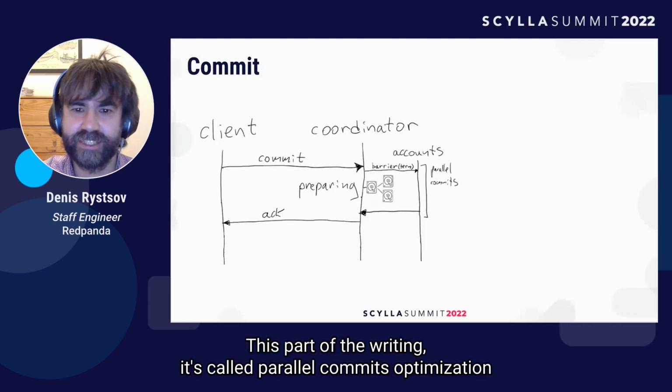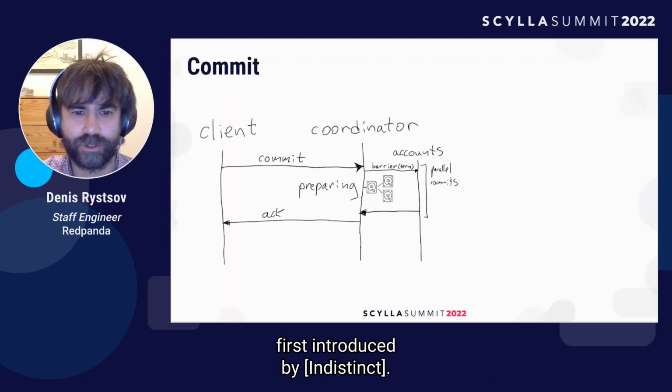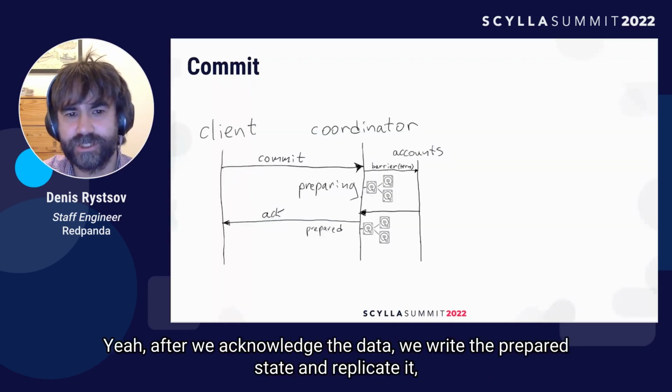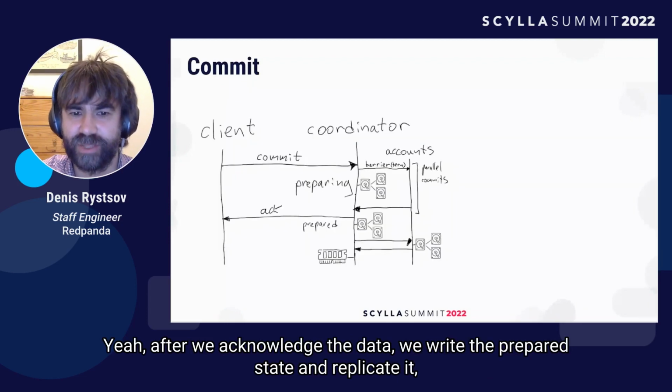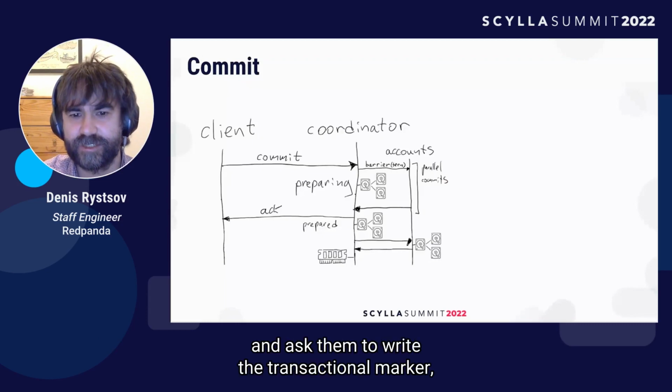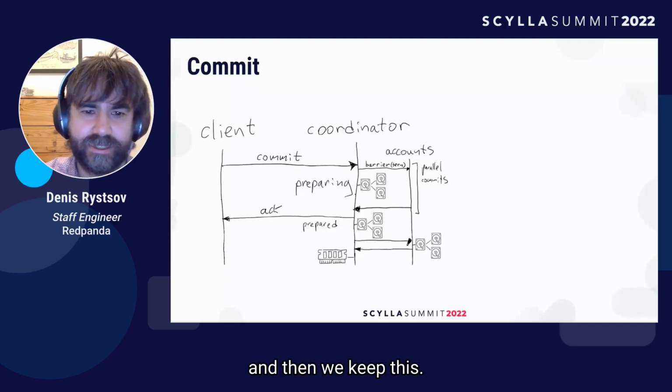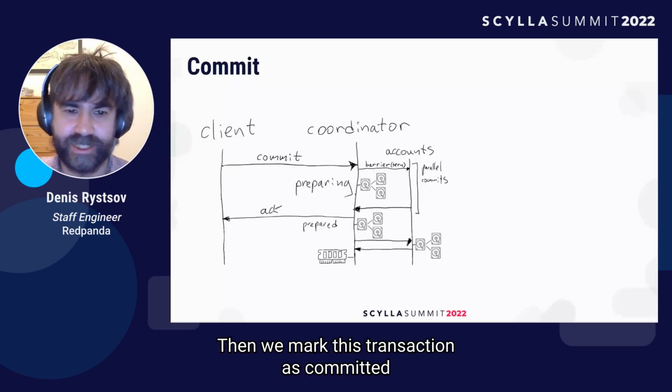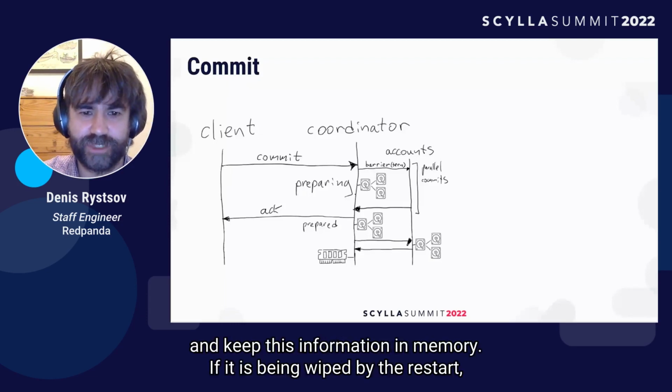This parallel writing is called the parallel commits optimization, first introduced by CockroachDB. After we acknowledge the data, we write the prepared state and replicate it, and then we contact the partitions again and ask them to write the transactional marker. Then we mark this transaction as committed and keep this information in memory.